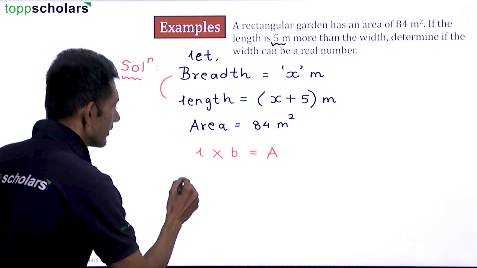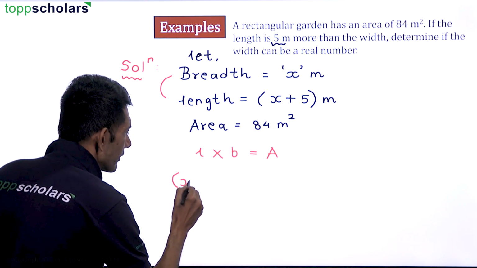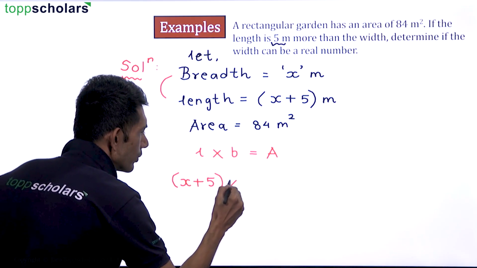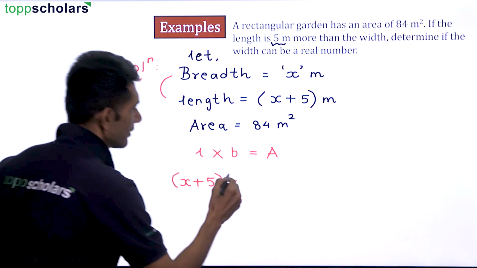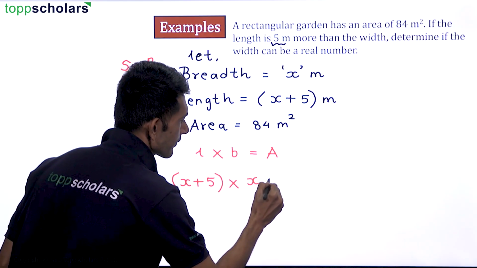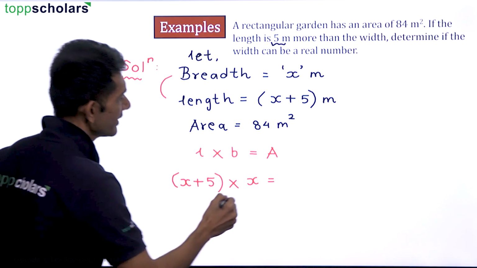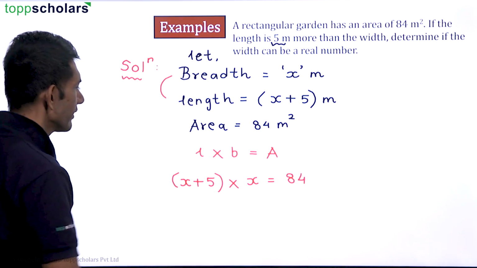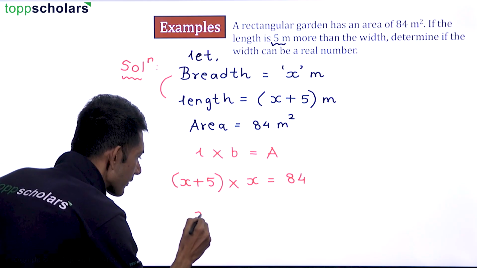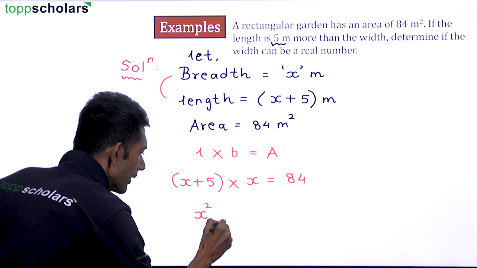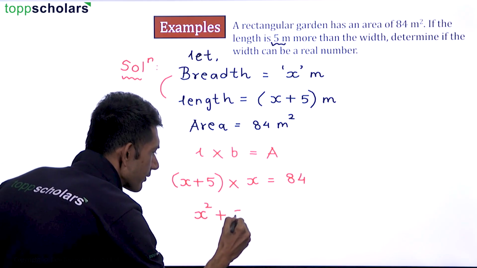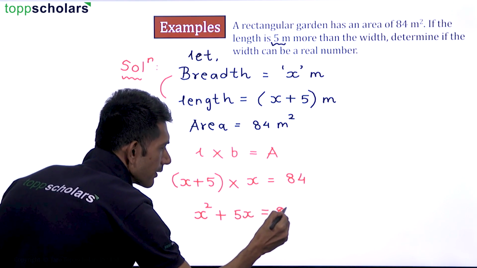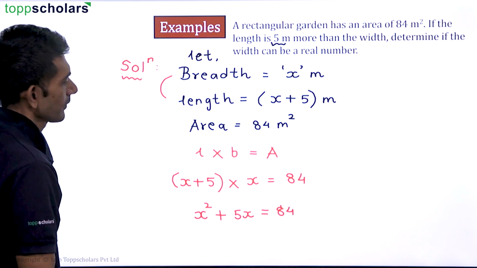The length is x + 5 into the breadth x. The area is 84. x into x is x², 5 into x is 5x, is equal to 84.